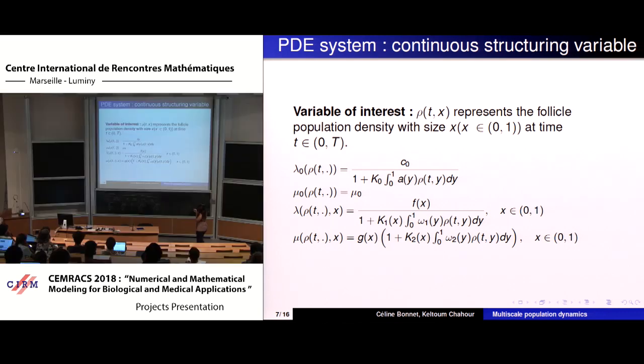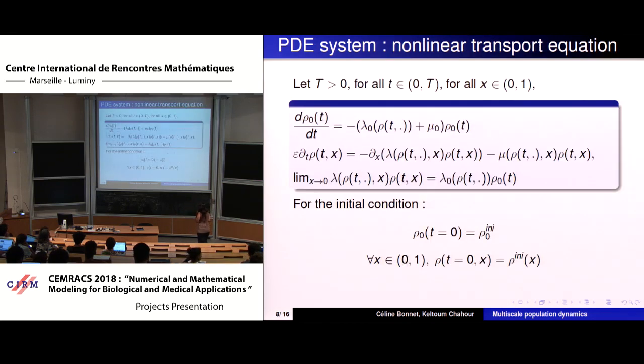So now it is the same type of model, where the variable of interest is rho, t is the time, and x is the size variable, continuous in (0,1). For the regulation, we just change the sum into an integral.